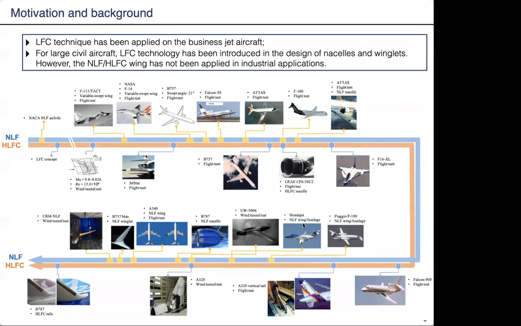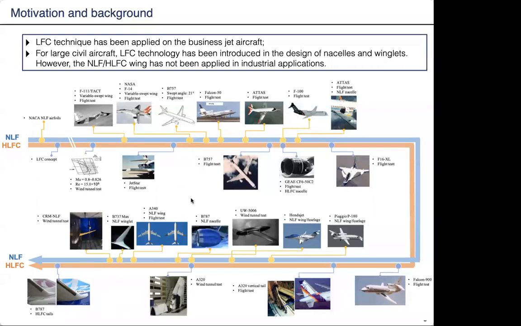Note that for the Honda Jet and the Piaggio aircraft, the natural laminar flow is applied on the main lift surface, the wing. While for the large civil aircraft, the laminar flow control is mainly applied on the components of the large aircraft, like the winglet, the nacelles, and the fins.